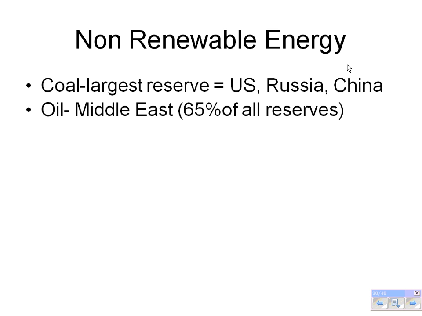We estimate our reserves at about 50 years. And oil was formed a little different than coal. Instead of plant material, we have microorganisms that were broken down with the heat and pressure from within the earth.